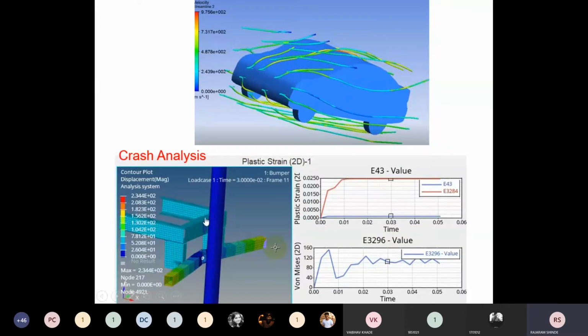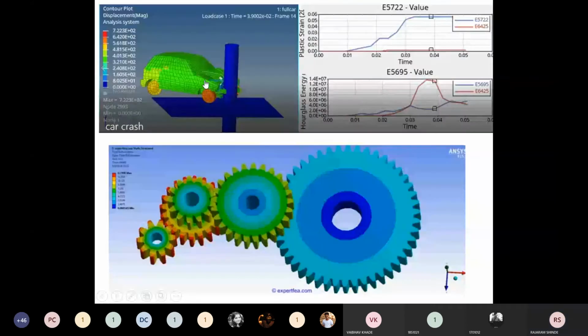Now this is a crash analysis, a bumper crash analysis. Here, how plastic strains develop and how energy is absorbed by the components can be predicted. It is a very big nonlinear analysis, and huge or costly experimentation is required for predicting this behavior, which can be done by the finite element method. This is also a crash analysis of the car. This is the harmonic analysis of the gearbox, which can be done by the finite element method.